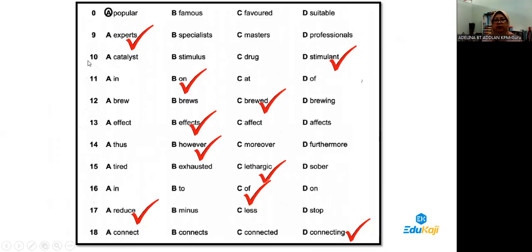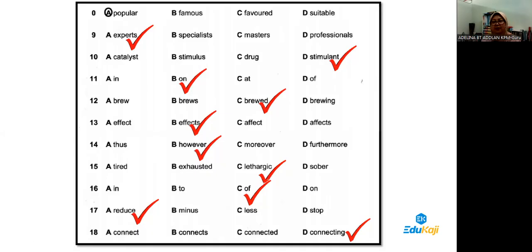When you go into number 10, testing students on what? Again, vocabulary. When it comes to number 11, students are being tested on their grammar, which is preposition, the positioning of things. You're talking about time, you're talking about places, and so forth. But when you go into number 12, is it testing you on vocabulary or grammar?